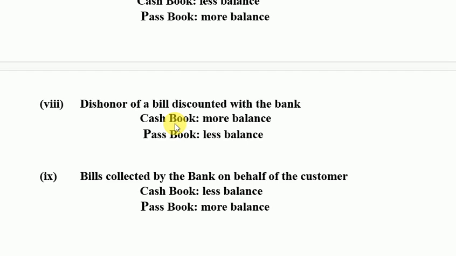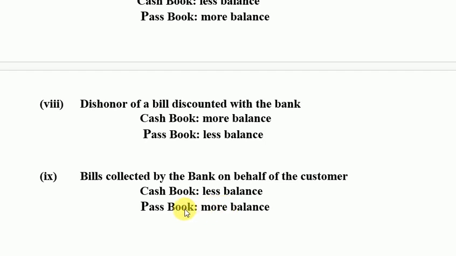And now we move to the next reason, which says bills collected by the bank on behalf of the customer. It's now easy for us to understand this after doing 8 causes, that whenever bills are collected by the bank, the money comes in the bank account of the businessman or the account holder, which is deposited in the deposit column of passbook, which is the credit column, and that will increase the balance of passbook.